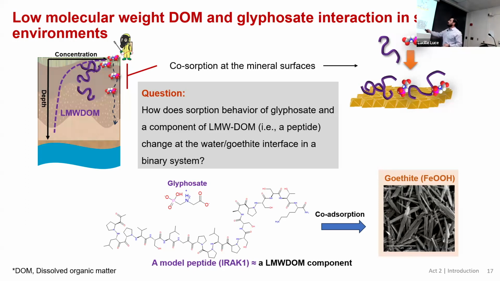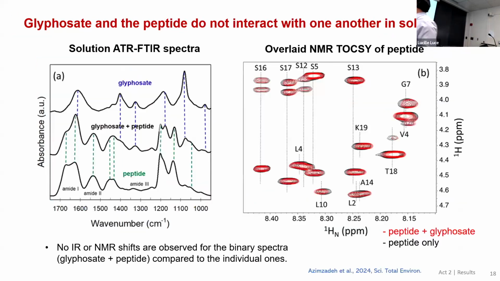For low molecular weight DOM, I'm using this peptide. It has 19 amino acids as a model peptide. So before starting to study adsorption on goethite, I was interested to know, is there any interaction in solution itself? Can this low molecular weight peptide and glyphosate interact? So I used two different techniques, IR and NMR.